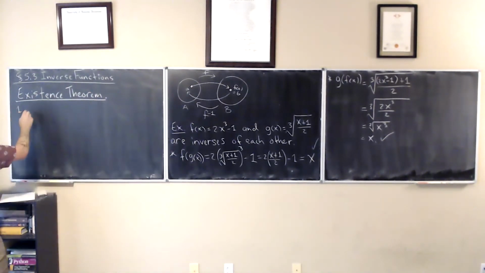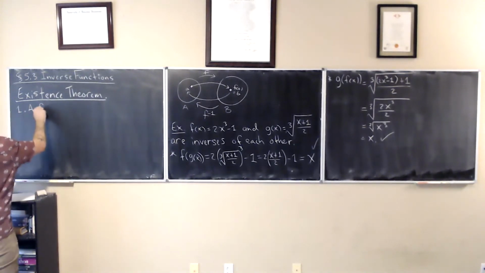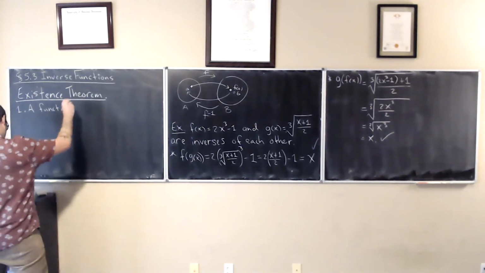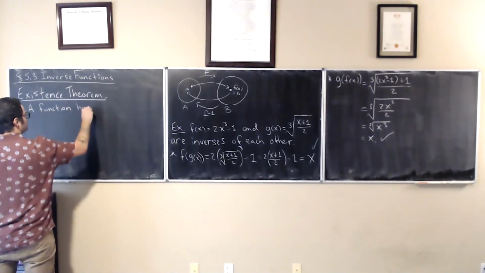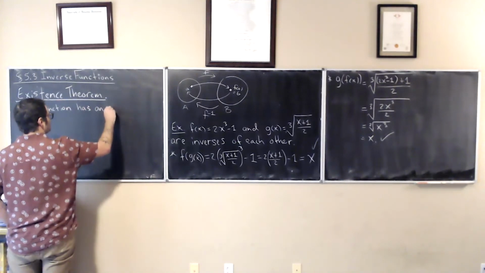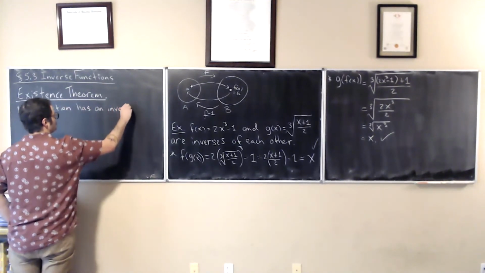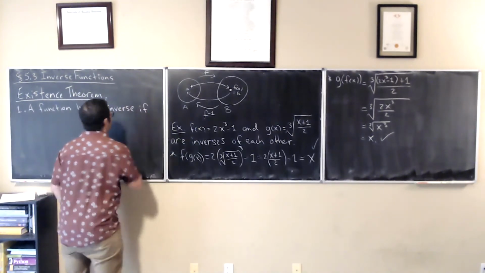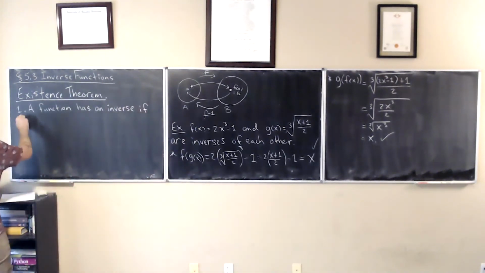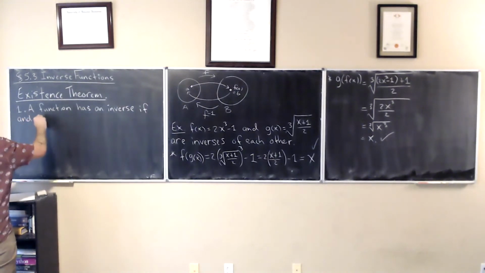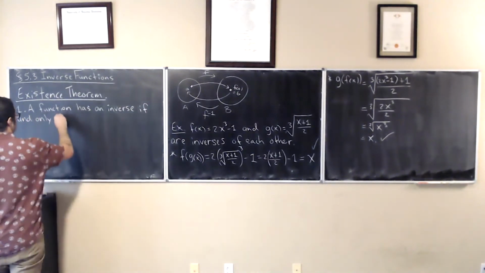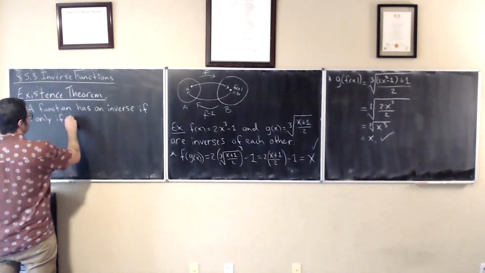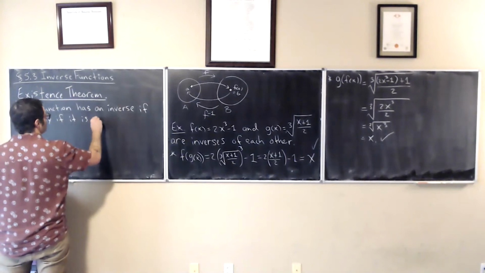Part 1: a function has an inverse if and only if it is 1 to 1.